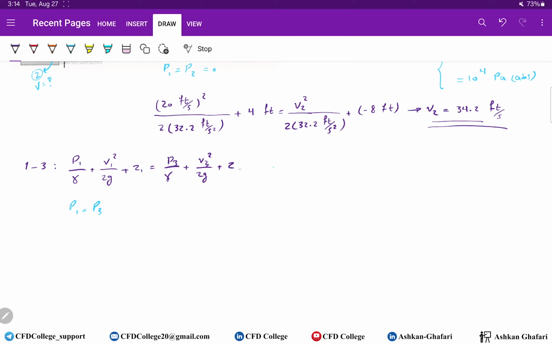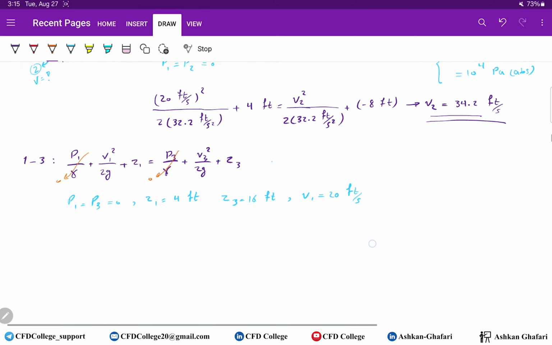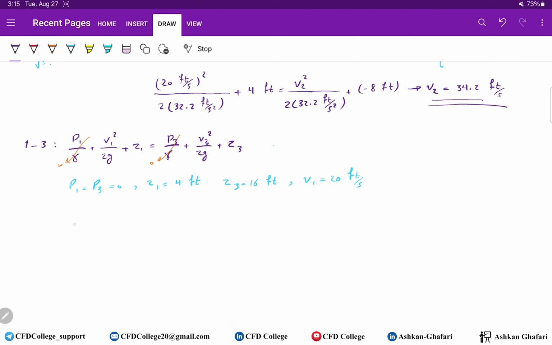So P3 over gamma and Z3 and V3 square. P1 equals P3 equals 0. We know Z1 is 4 feet. Z3 is 16 feet. And we have V1, which is 20 feet per second. So these terms are cancelled, and we can find velocity just like previous part.